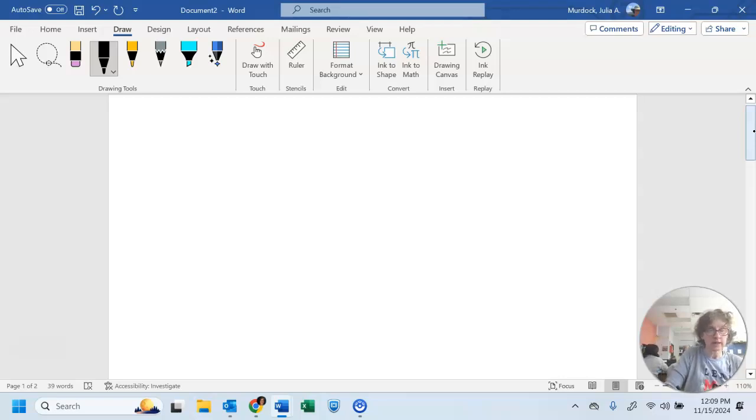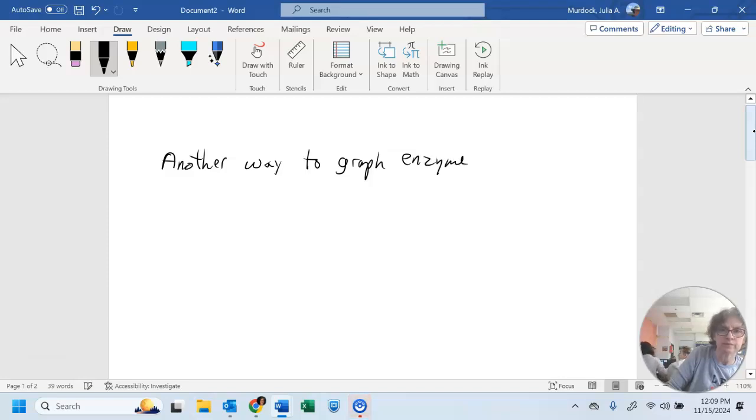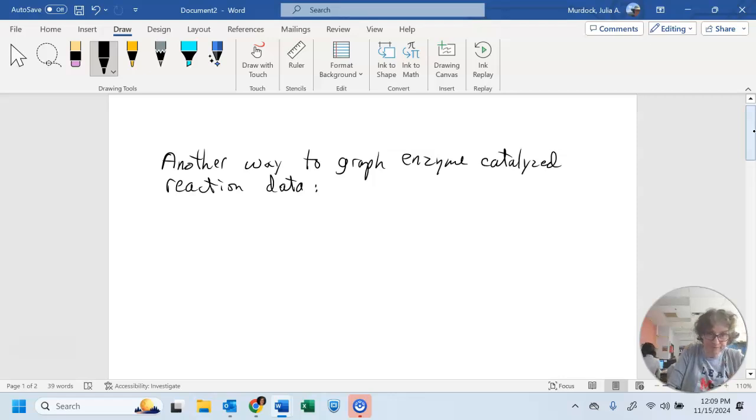So in some labs that we've done in the past, another way to graph enzyme catalyzed reaction data is, let's say that you don't measure the rate at all.